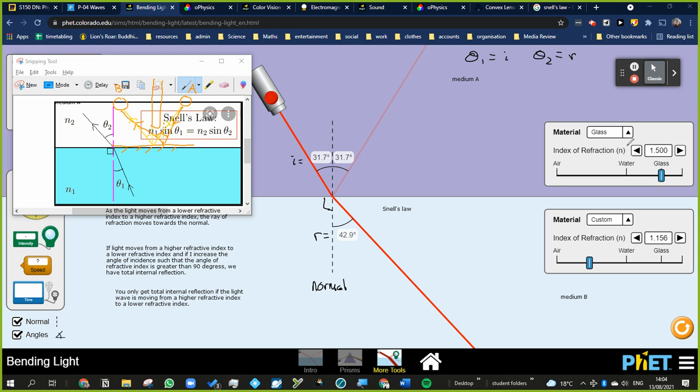And we've got n1, which is equal to 1.5, and n2 is equal to 1.156, because I've got some random one there. 1.156. Okay.